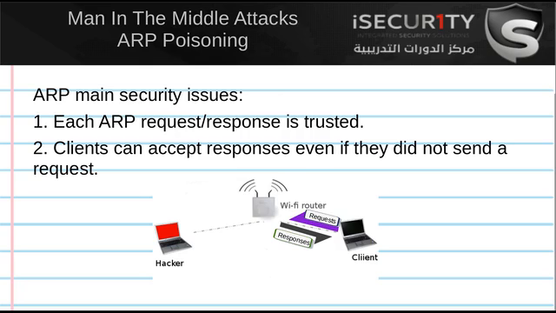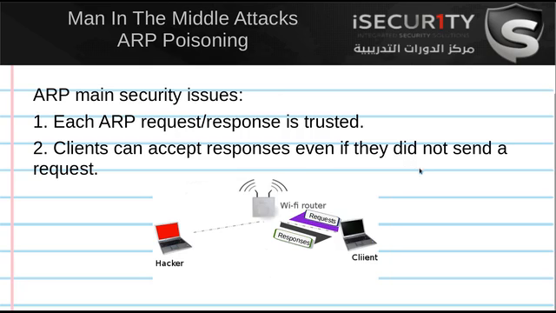It will not try to make sure that I am actually the router. It will not make any tests to ensure my identity. If I tell any device that I am the router, the device will believe me. Same way, if I tell the router that I am someone else on the network, the router will trust me and will start treating me as that device. So that's the first security issue.